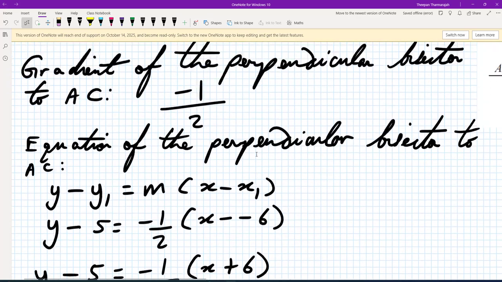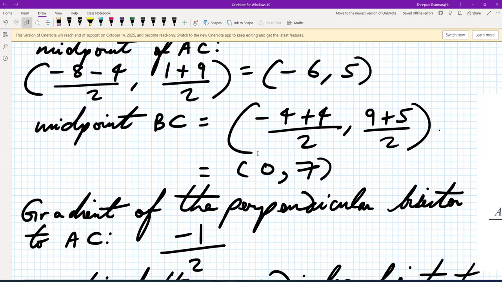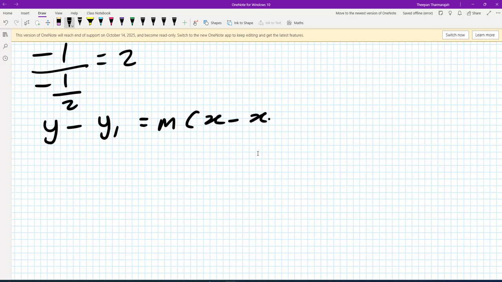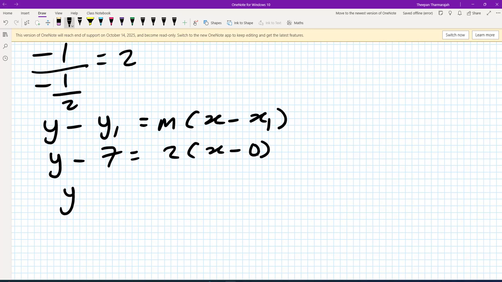And we need the midpoint of BC, which we found to be 0 and 7. So it's y minus y1 is m times x minus x1. So we said it was 0 and 7, so y minus 7 equals 2x minus 0.